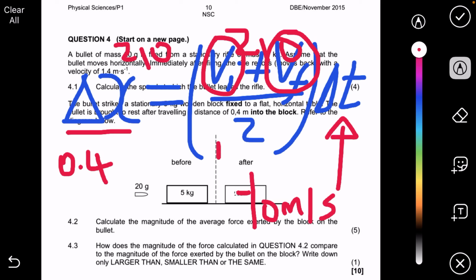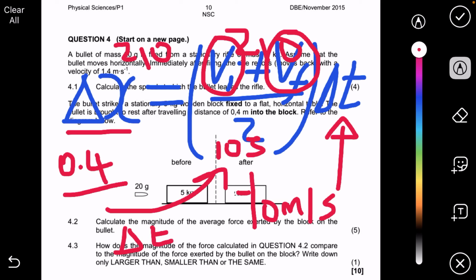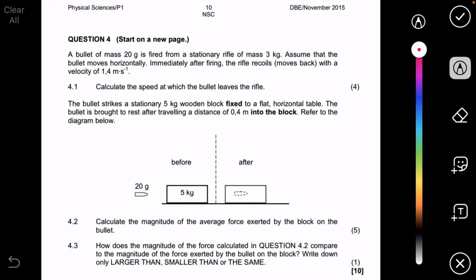I think it's 105 if I'm not mistaken, but it doesn't really matter. Then you've got 0.4, which is divided by that 105. The answer that you get is the time it takes for that bullet to come to rest.